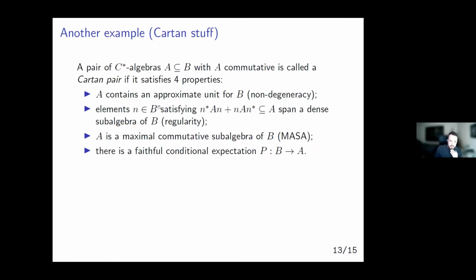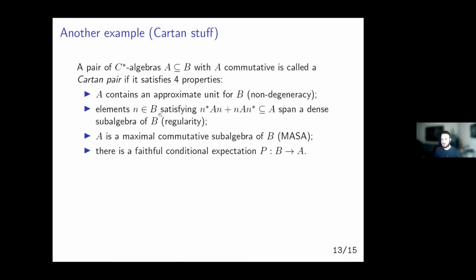Then you also should have that elements of B conjugate A to itself. So n star times elements of A times n will land back in A, and so will n times A times n star. These should land back in A. And if you have elements of this form in B, these should span a dense subalgebra of B. This is called regularity.